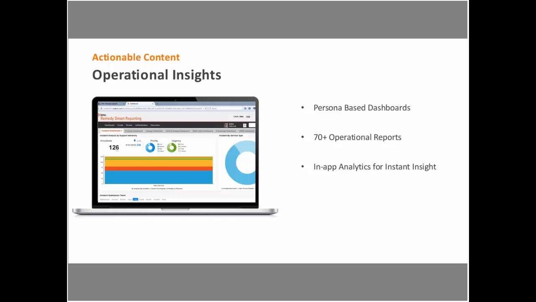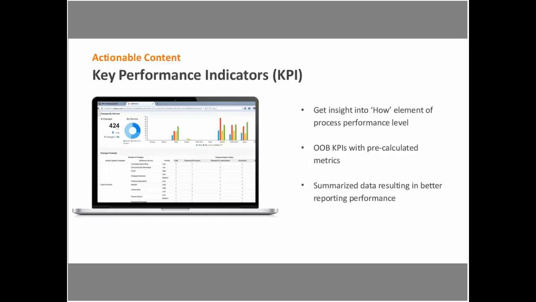To move to the next area about the content, it is KPIs. So we talked about the operational reporting. There are other personas like service owner or process owner who are interested in not just the what element but the how element.